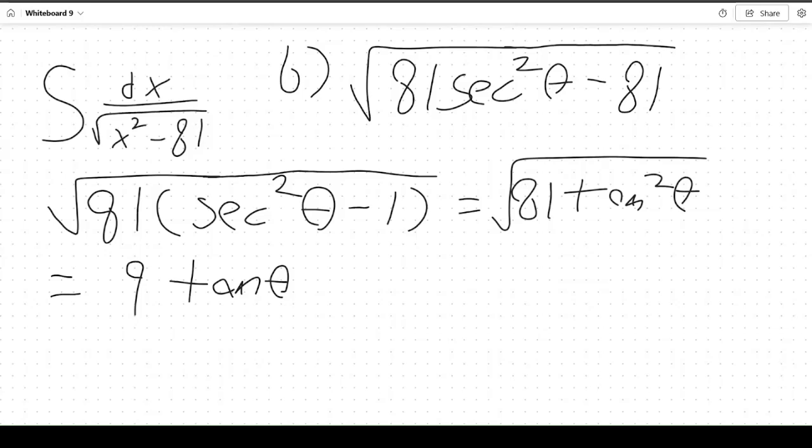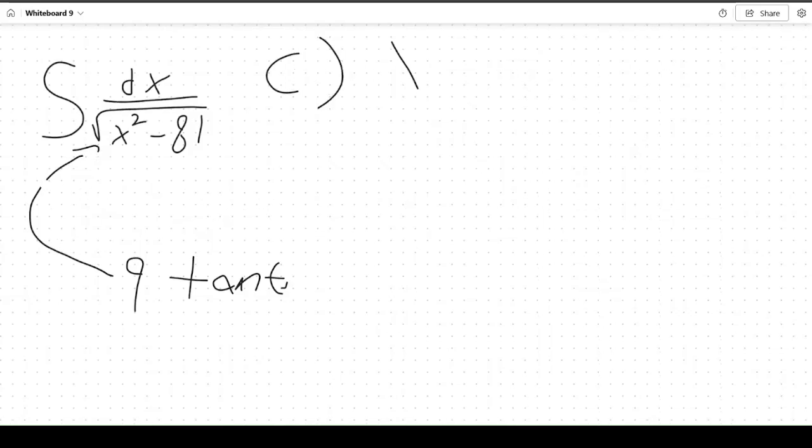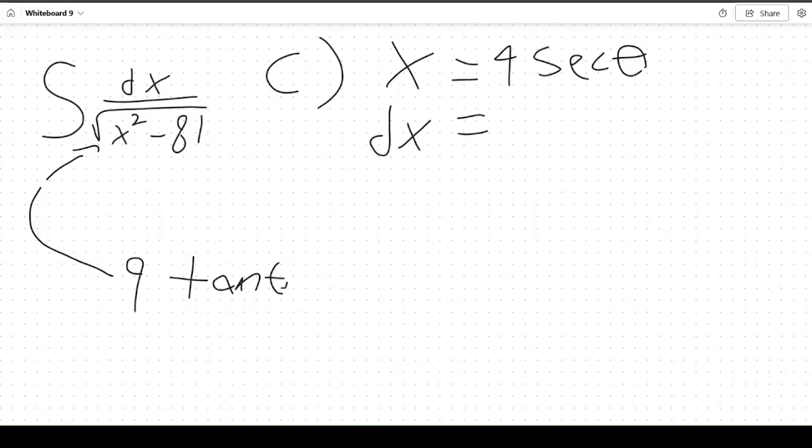And we can plug this into our equation here. Also, we have to derive the x. So our x was 9 secant theta. The derivative of that is 9 secant theta tan theta, because the derivative of secant is secant theta tan theta.